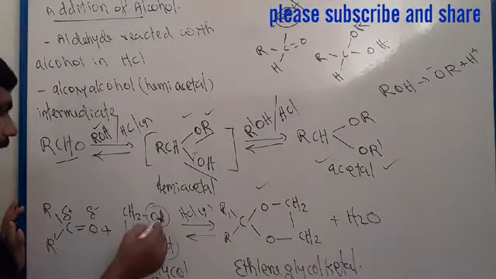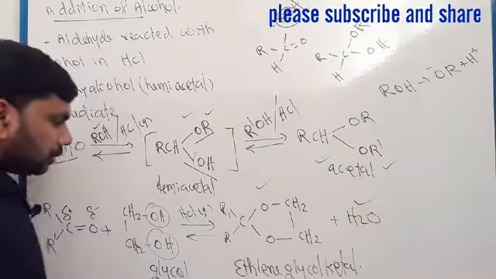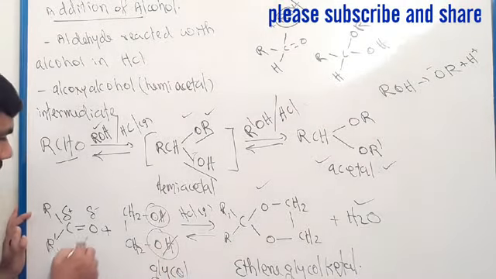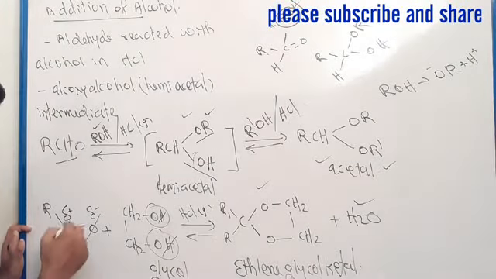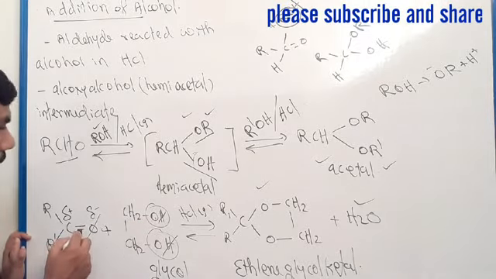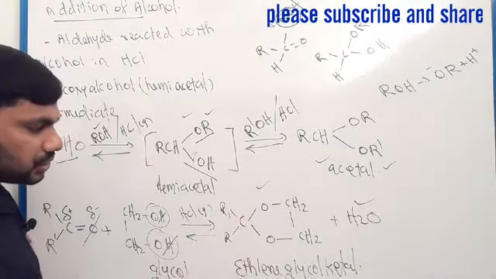This oxygen and 2 hydrogen react to form a water molecule. Look here, this hydrogen and one of these hydrogens react to form a water molecule. In the rest of the part, of the double bond, one bond comes to this carbon, another bond comes to this oxygen atom, and we obtain this type of structure.